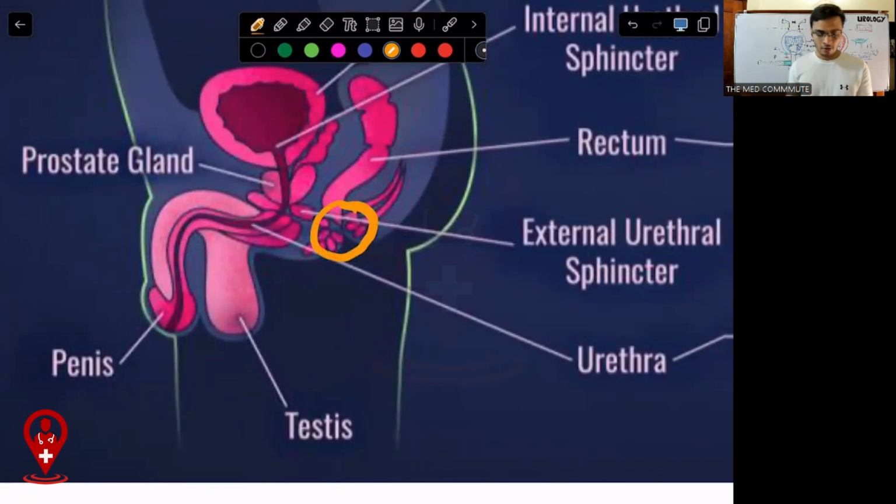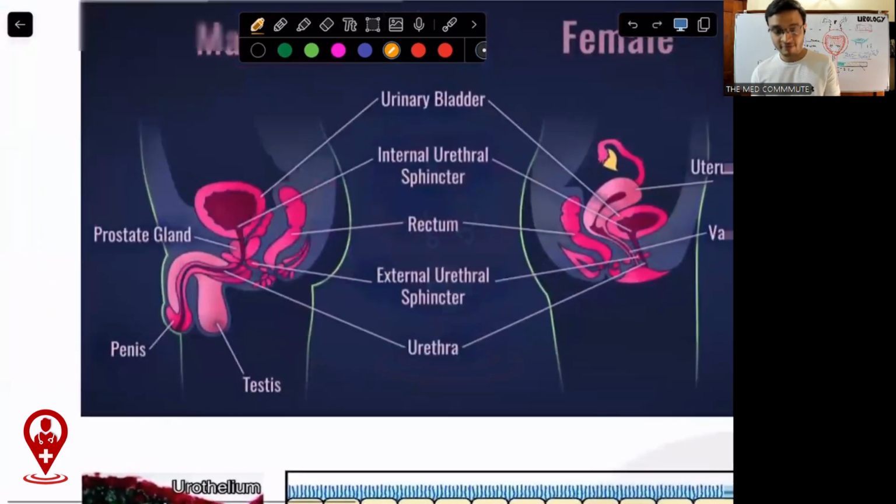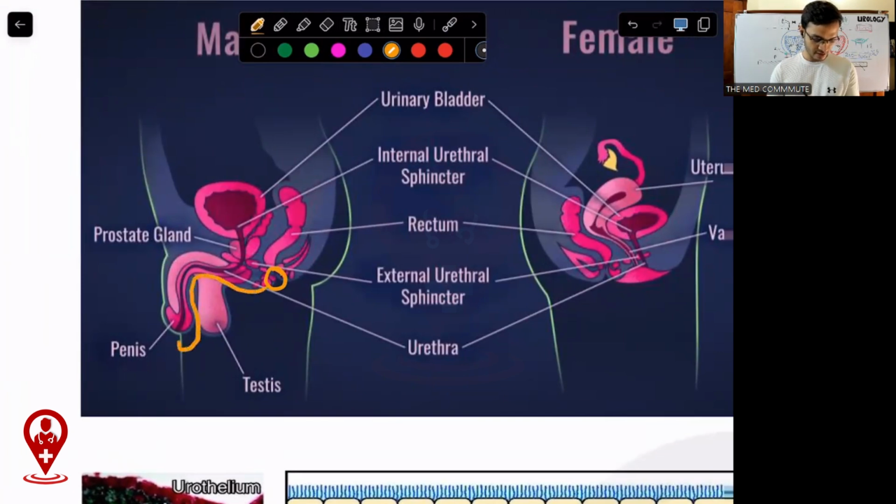Now, what is the significance here between males and females? You can see from the opening of the anal canal, for the males, for the pathogen to ascend, it has to go all this way, come all this way, and finally it will reach the orifice of the urethra.